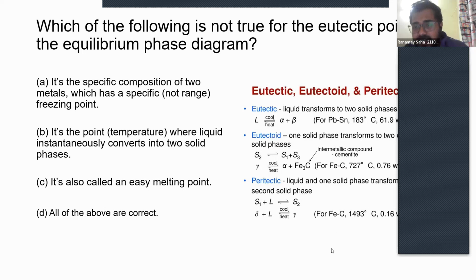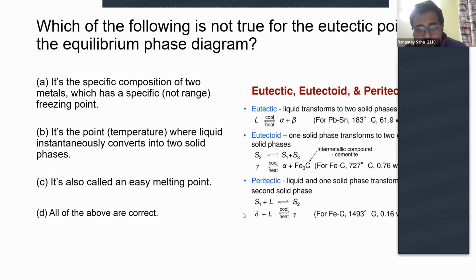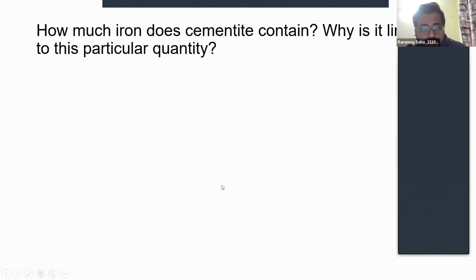Sriram, can you please speak rather than writing in chat? So, how much carbon is there in the cementite? Around 6.7%.